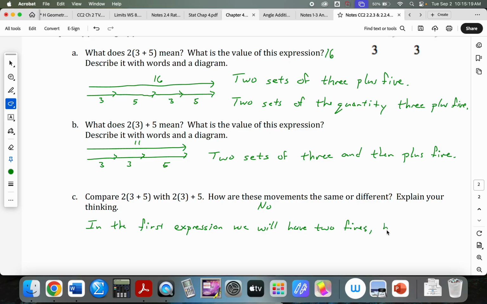But in the second one, we will only have 1 5. So those parentheses are important, so be careful how you read them.